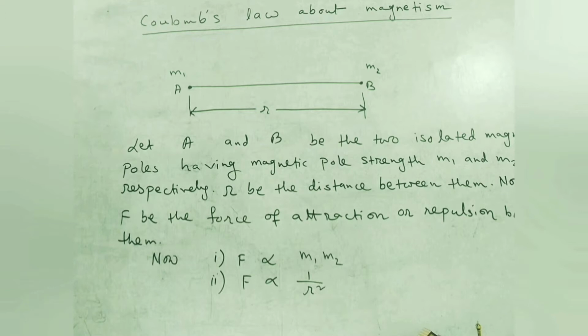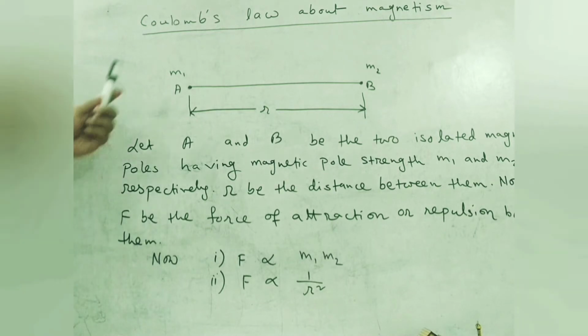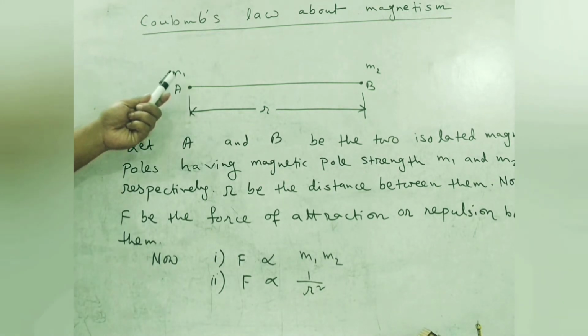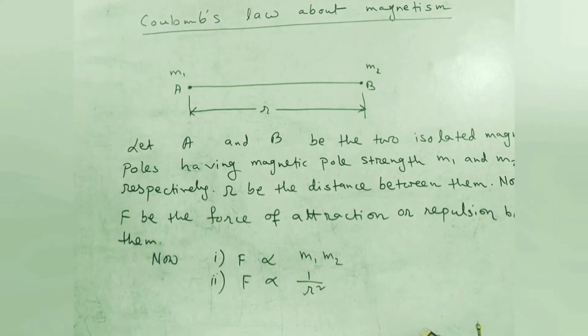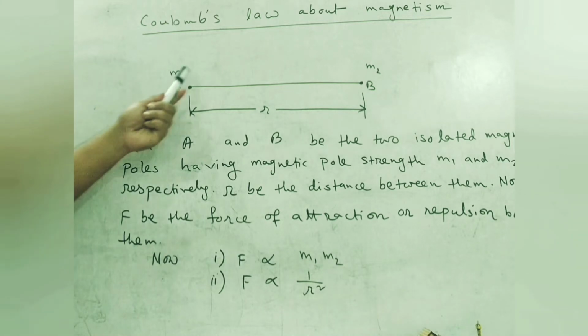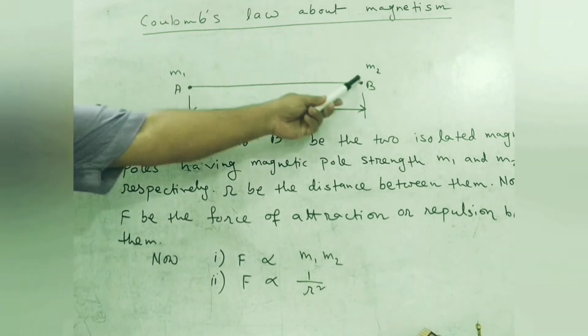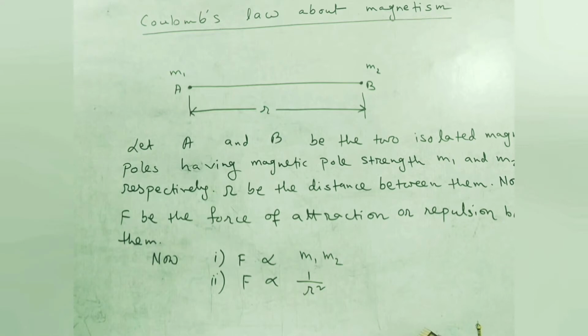If these two poles are the same in nature, then they repel each other. If they are opposite in nature, then they attract each other. F is the force of attraction or repulsion between them.